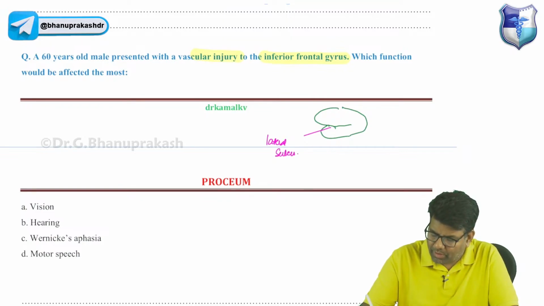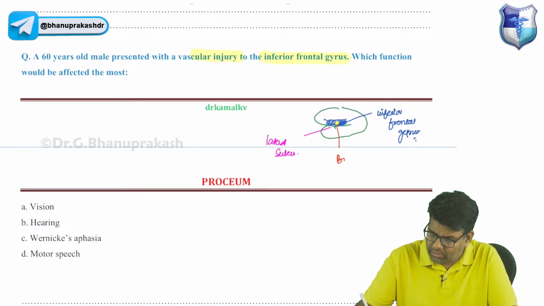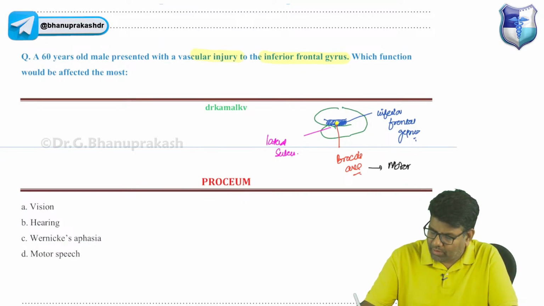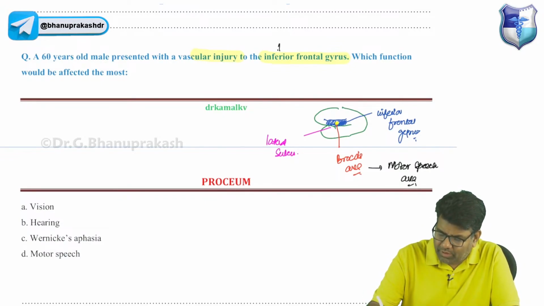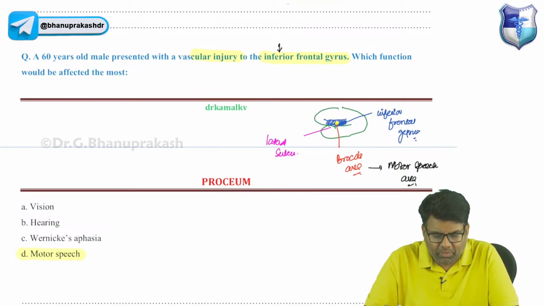This is the inferior frontal gyrus, and the inferior frontal gyrus contains Broca's area. Broca's area is also known as motor speech. Clear? So if there is involvement of the inferior frontal gyrus, what will happen? The patient will have affection of the motor speech.